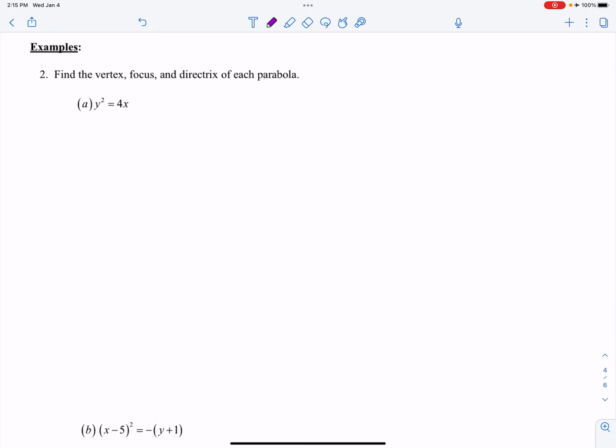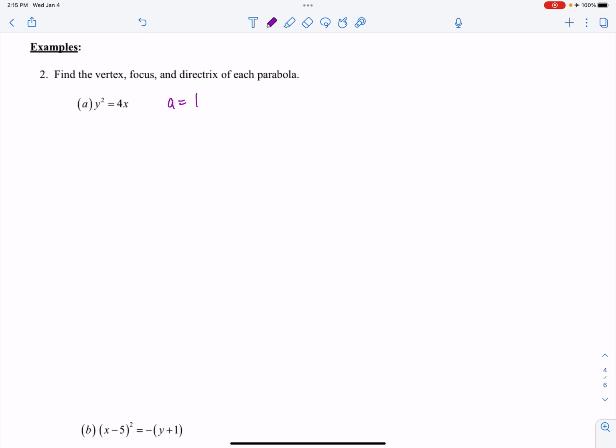Next step, let's find the vertex, focus, and directrix for each parabola. So here we're given y squared equals 4x, and using that we're going to find all of the characteristics. So first of all, we can label our a as 1.